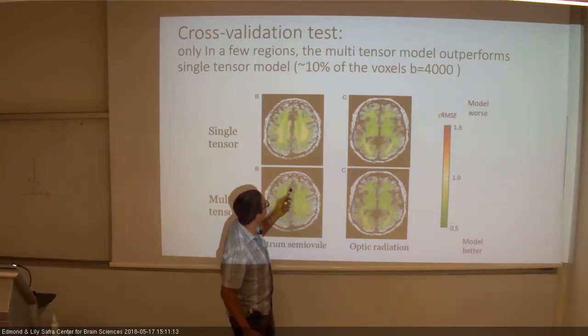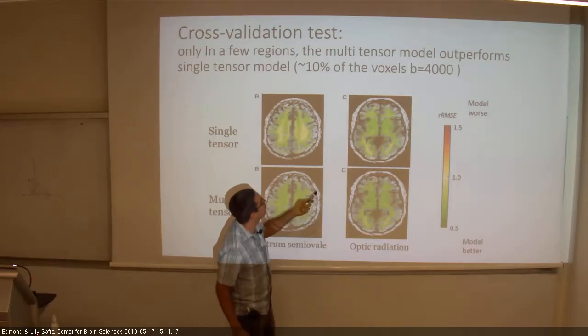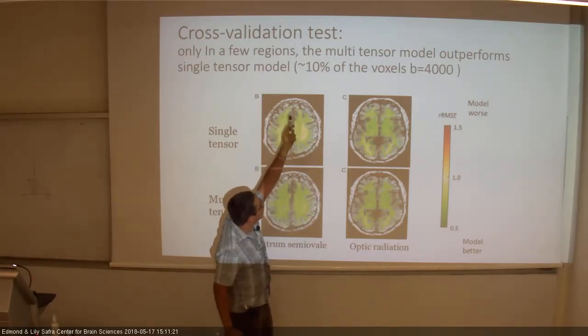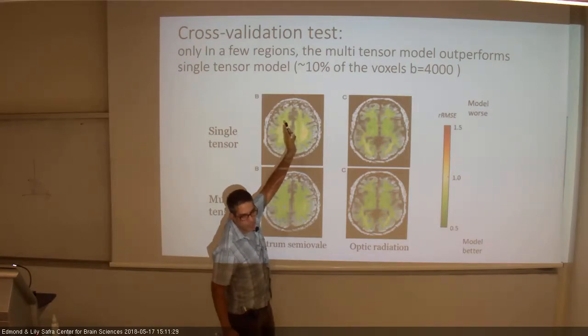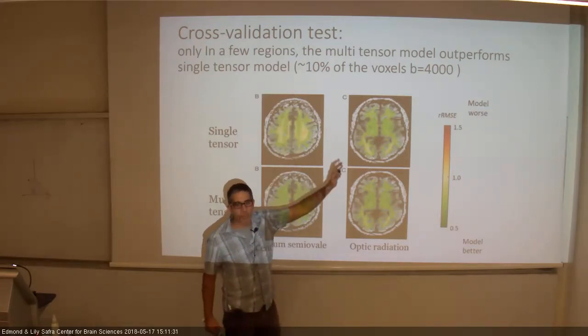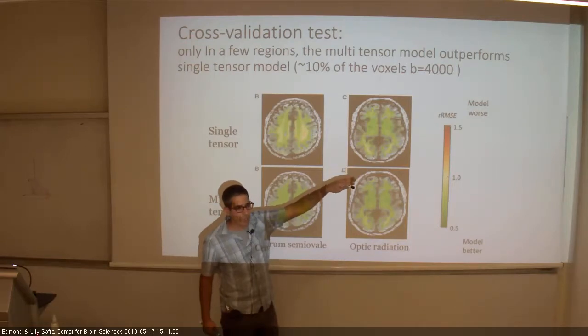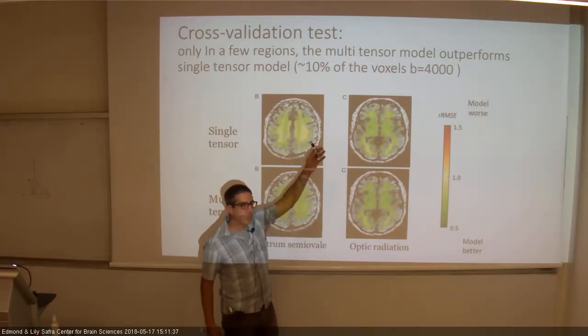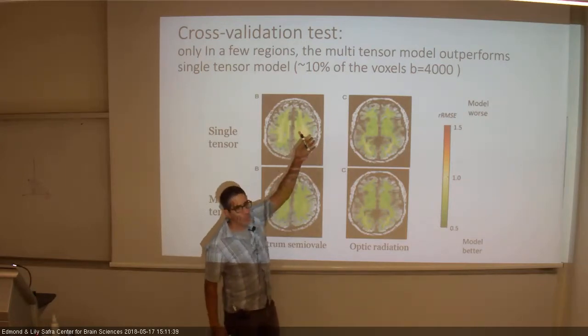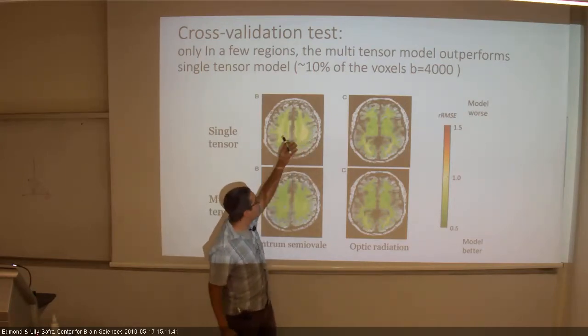And what we're noticing is that when it's below 1, there is no point to go to these more complex models. First, using more b-values and more orientations, you get about 10% advantage in terms of explaining the model, right? You remember I said in the beginning that the tensor could be a very good model, although very wrong in terms of biology. It's a good model of the data. So there's only some advantage in this very complex model, and it's only happening in several places.